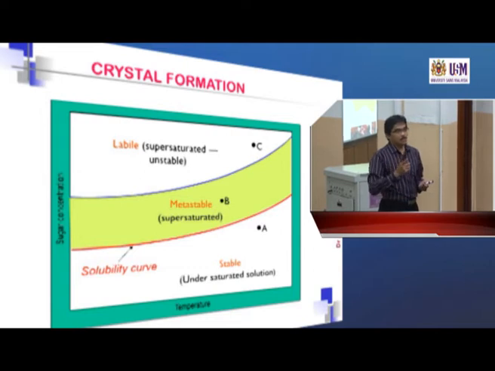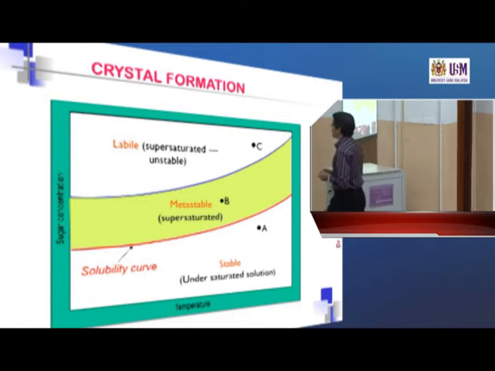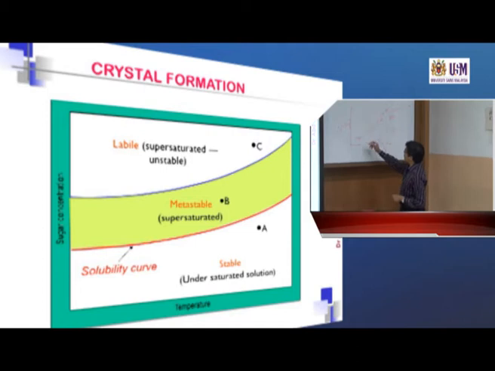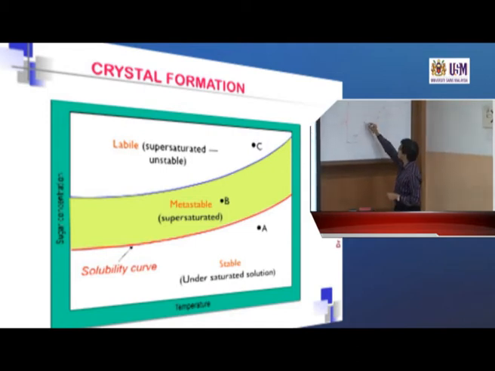You must get the solution into the supersaturated state. How do you get there? Where in the graph? Anywhere above the line. Above this line, that is the supersaturated state.